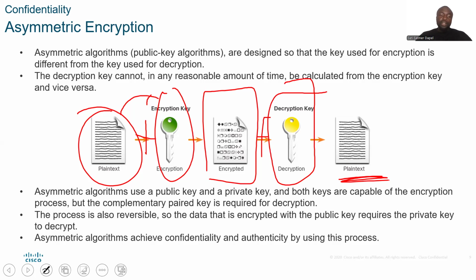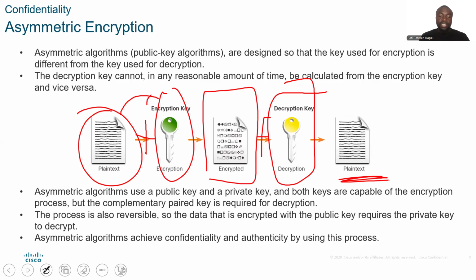So asymmetric algorithms use a public key and a private key, and both keys are capable of the encryption process, but the complementary paired key is required for decryption. The process is also reversible, so data encrypted with the public key requires the private key to decrypt.